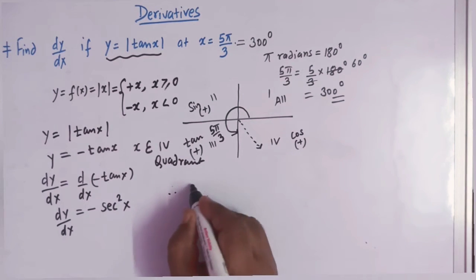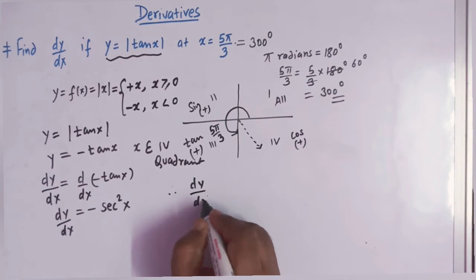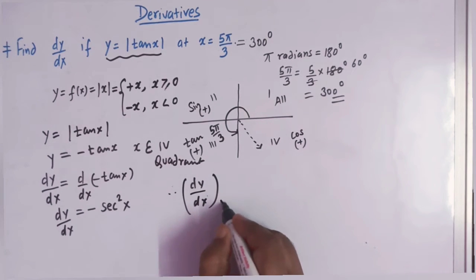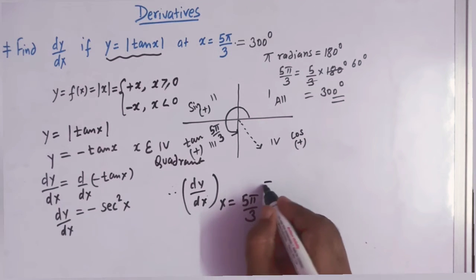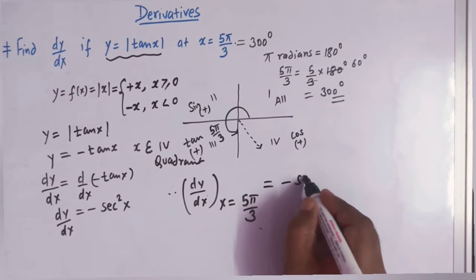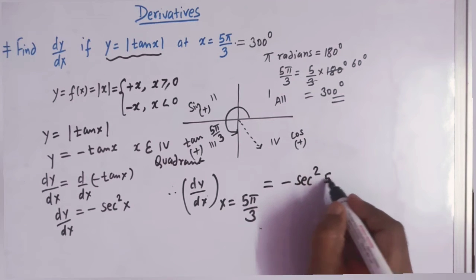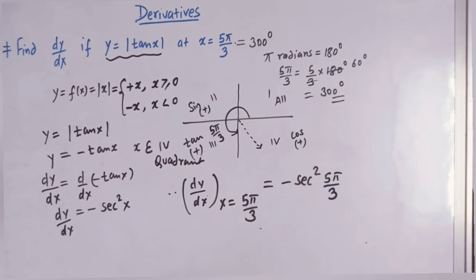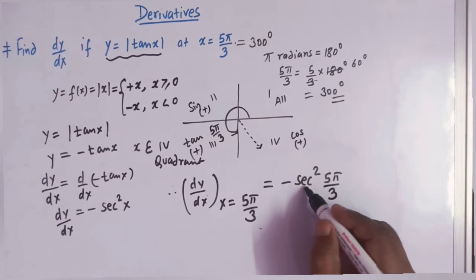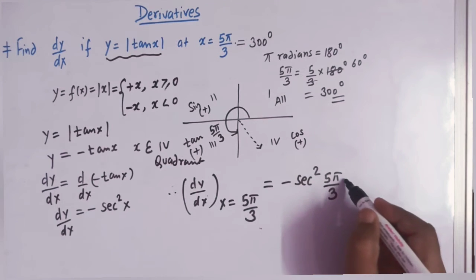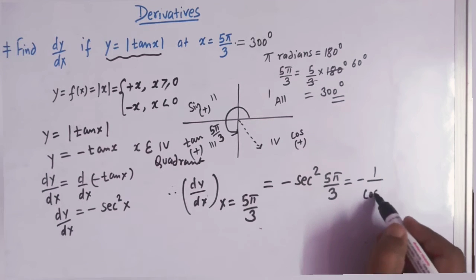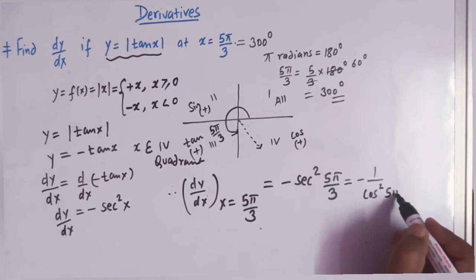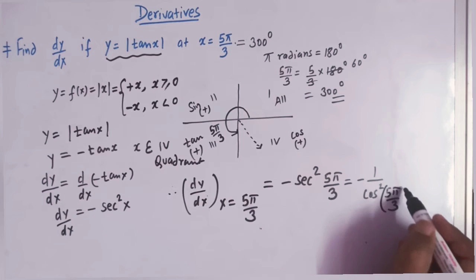So we can write dy/dx at x = 5π/3 is equal to −sec²(5π/3), and this sec²(5π/3) can be written as −1/cos²(5π/3).